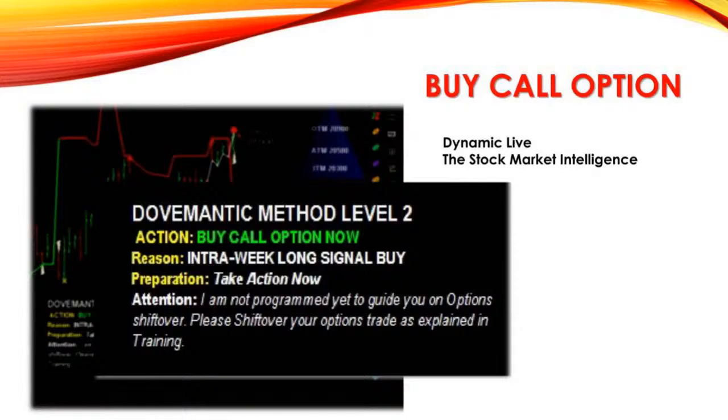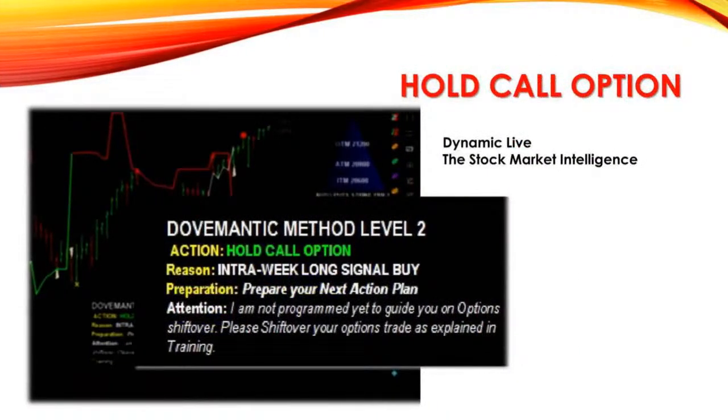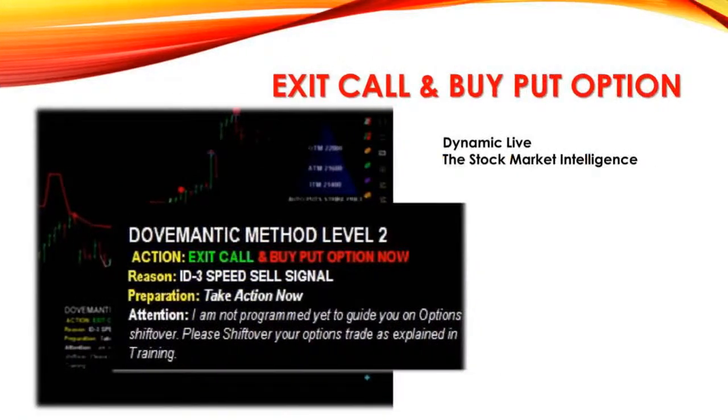But once it tells you to buy a call option or a put option, once you buy it, later it itself will tell you hold call option. So simply hold your position. And finally, it will tell you exit call option. So this is the point where you have to exit the trade. So when to enter, how long to hold, and when to exit, complete information will be given by the Dynamic Live itself.